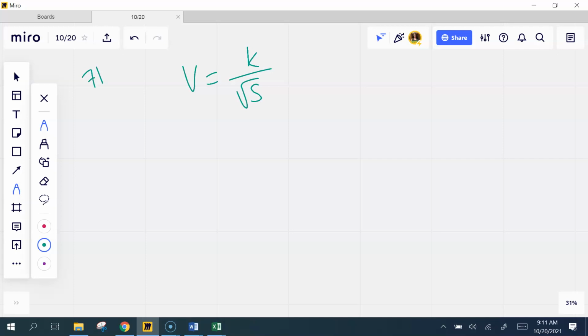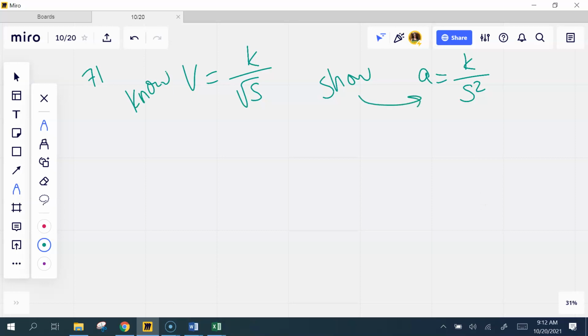All right, so show that the meteorite's acceleration is inversely proportional to s squared. So we want to show that this happens. This is what we know. This is what we want to show. They tell you that the velocity is inversely proportional to the square root of s.